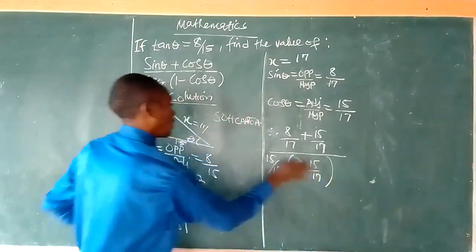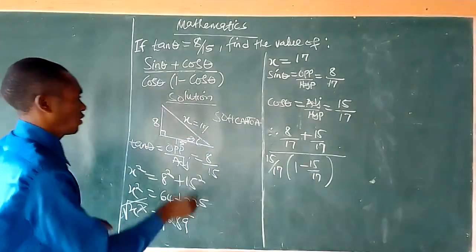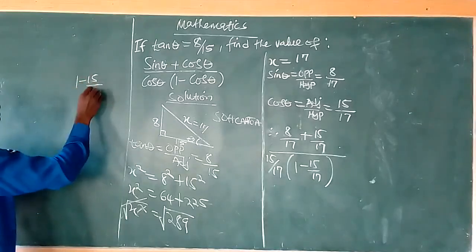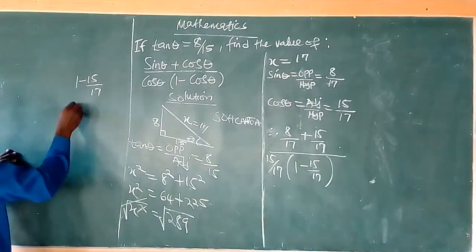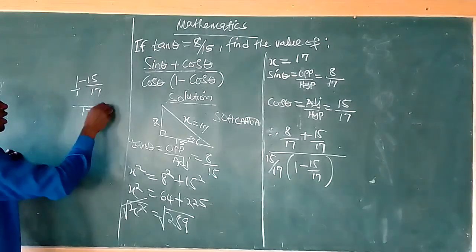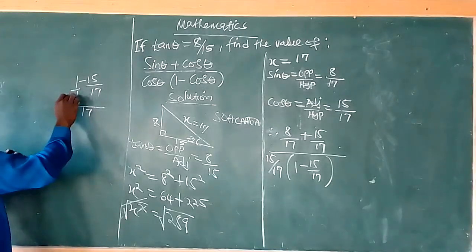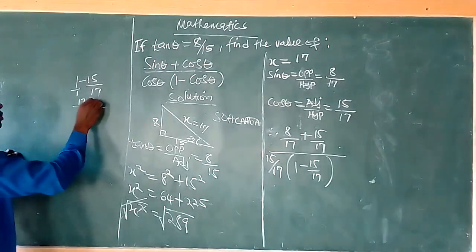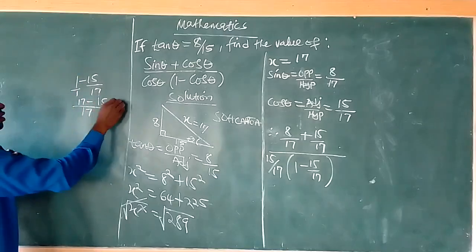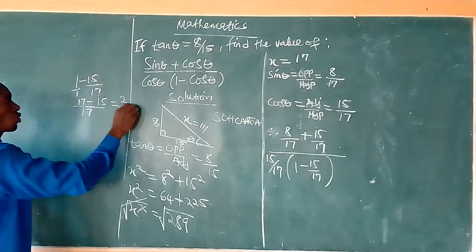Let's resolve the bracket first: 1 minus 15 over 17. Writing 1 over 1, the LCM of 1 and 17 is 17. So 17 minus 15 gives us 2 over 17.